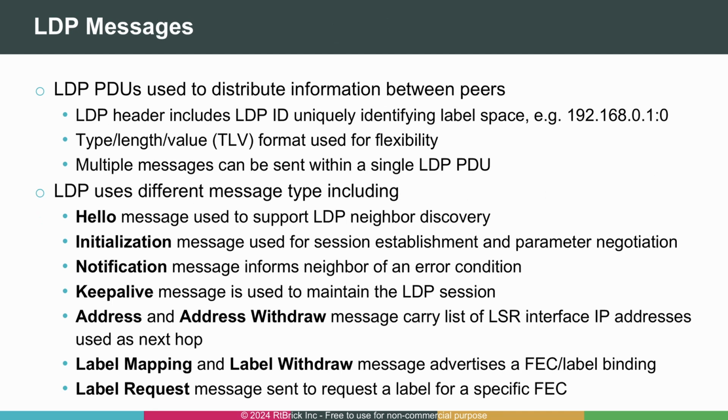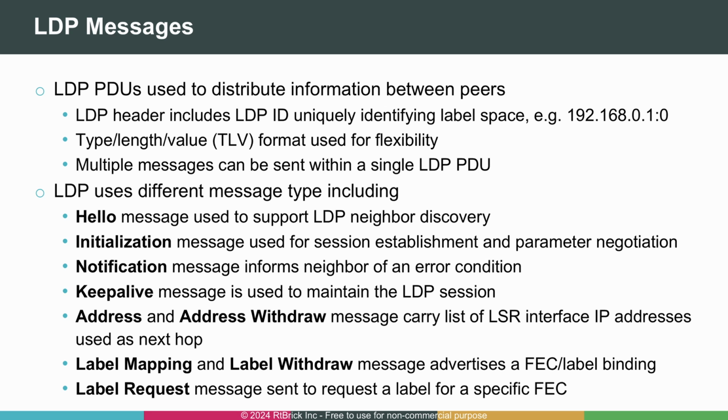In LDP terminology, two LSRs that exchange LDP information are known as LDP peers. Protocol information is encapsulated in LDP protocol data units, which share a common header. A key part of this header is the LDP identifier, a 6-octet field that uniquely identifies the LDP label space. The first 4 octets correspond to the LSR's router ID, and the last 2 indicate the label space.